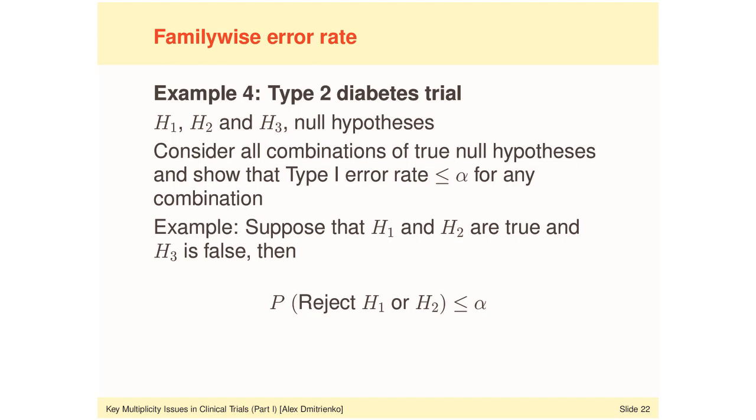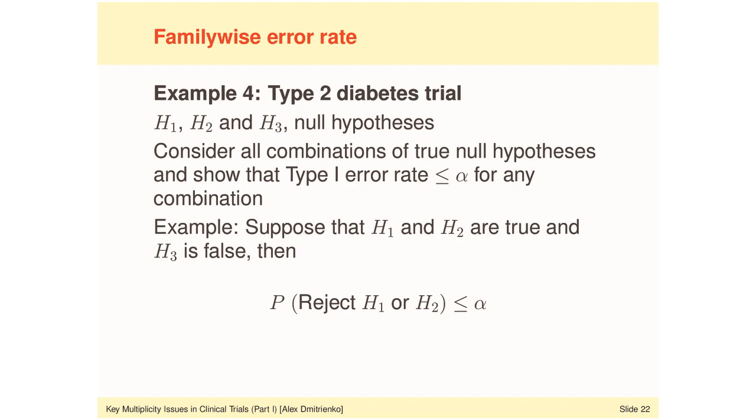For example, returning to example 4, based on the type 2 diabetes trial, let us define three null hypotheses, H1, H2, and H3. In this case, H1 will be the null hypothesis of no difference between the high dose, or dose 1, and placebo, and likewise H2 and H3 will be defined as the null hypothesis of no effect for the medium and low doses, or in other words, doses 2 and 3.